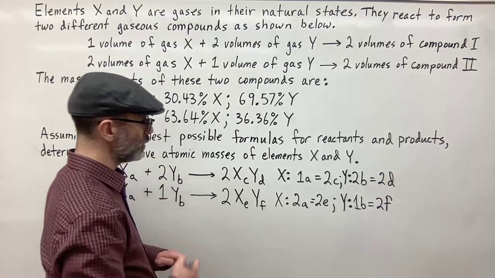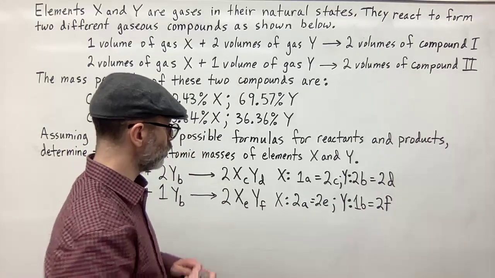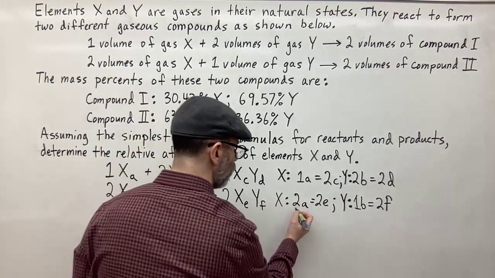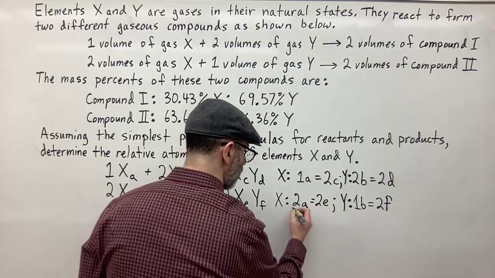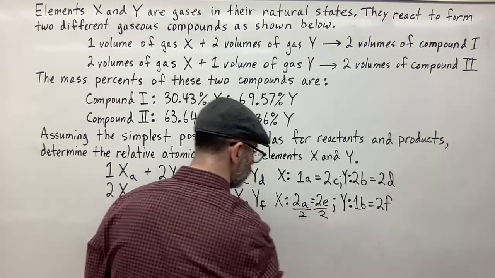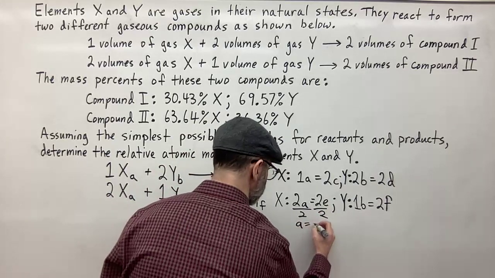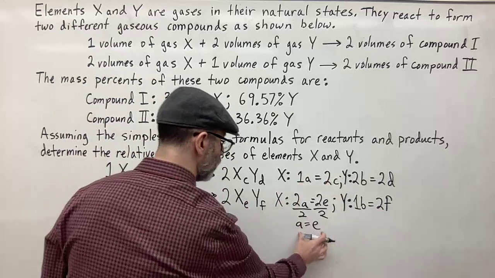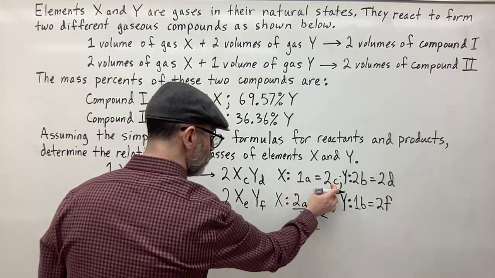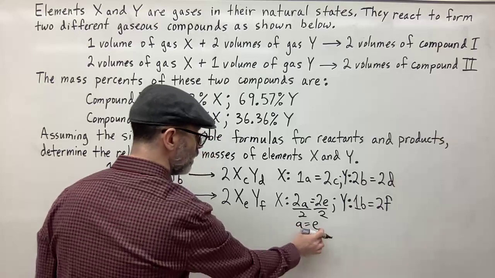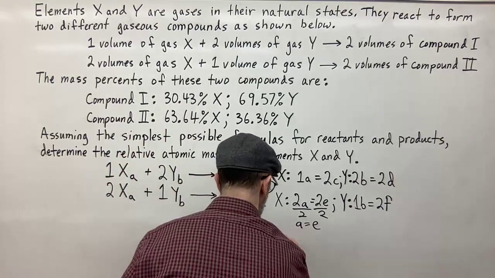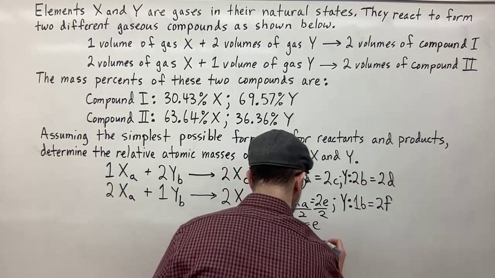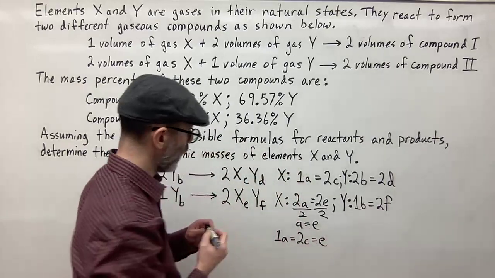There we go. Okay, so now if we look at the X's, we have 1A is equal to 2C, 2A equal to 2E. If you drop out the 2, right? So that means if we divide both sides by 2, then basically you have A is equal to E. And so if you put these two together, 1A is equal to 2C, and 1A is equal to E. So if we put that together, then 1A is equal to 2C, which is equal to E. Okay.